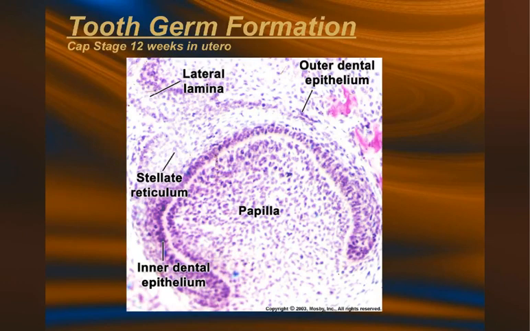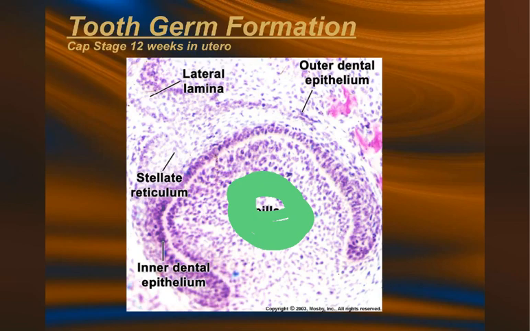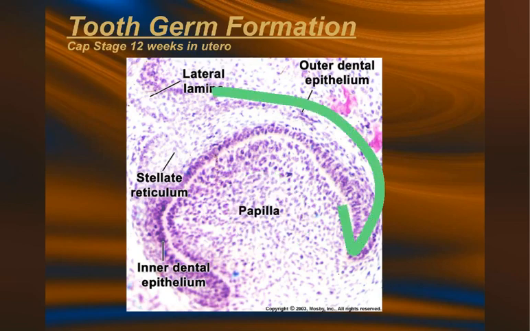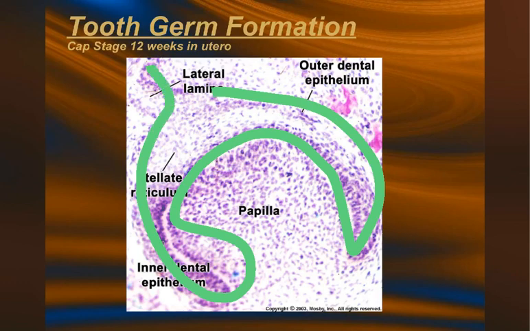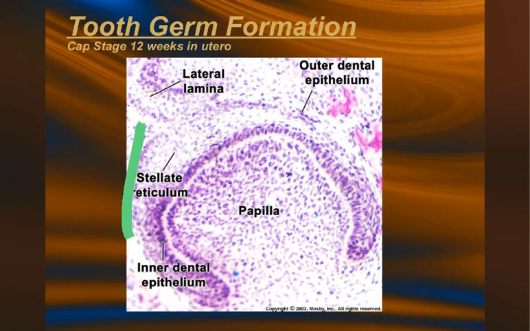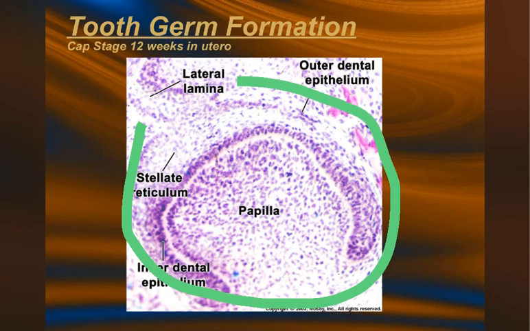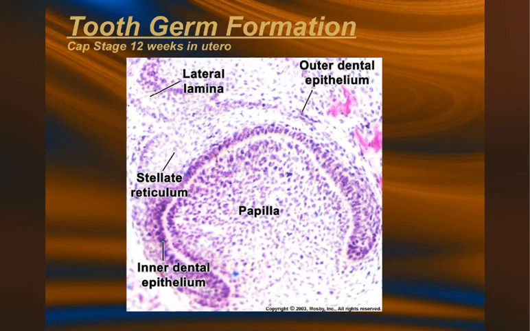Here, same thing. We have cap stage late, 12 weeks. Identify here the papilla, dental papilla, enamel organ, and the follicle, dental follicle. You see, these columnar cells are internal enamel epithelia. They are in close proximity to the papilla.